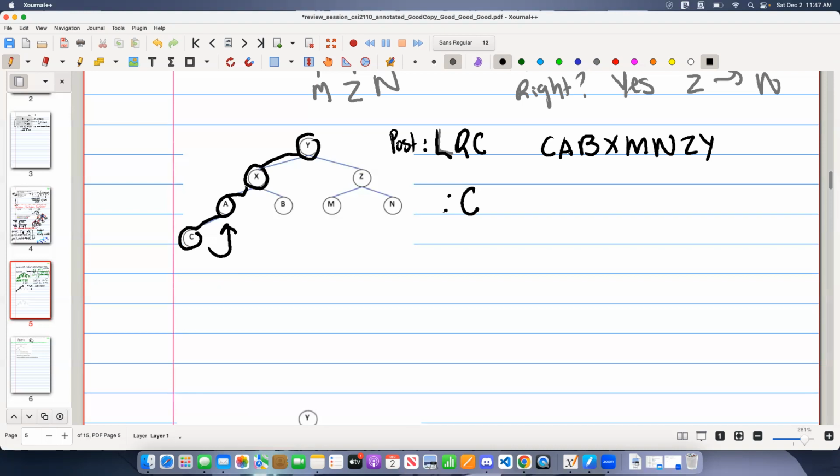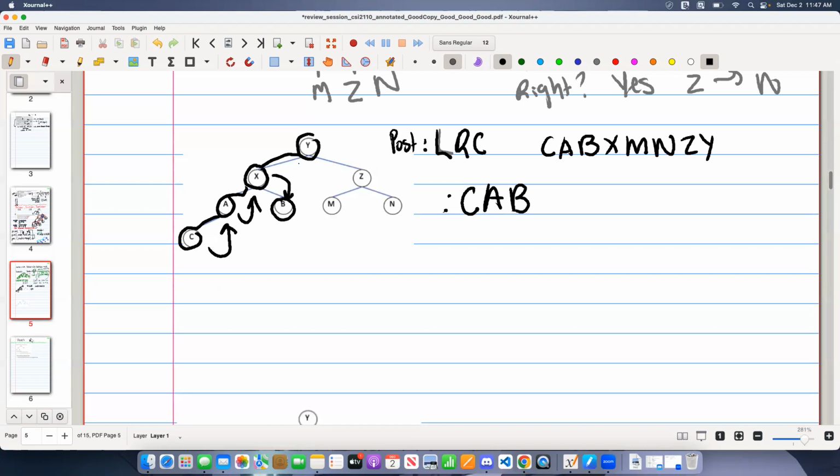Is there a right node to A? No. Then we print out A. We go back up. Is there a right node to X? Yes. We travel to that right node. Is there a left node to B? No. Is there a right node to B? No. So then we print out B.